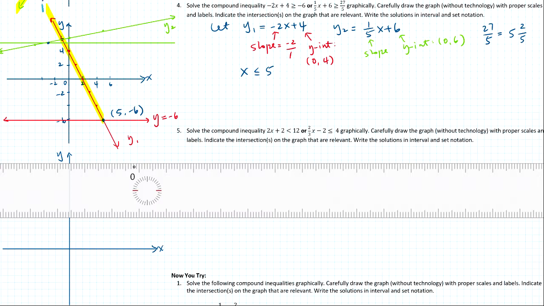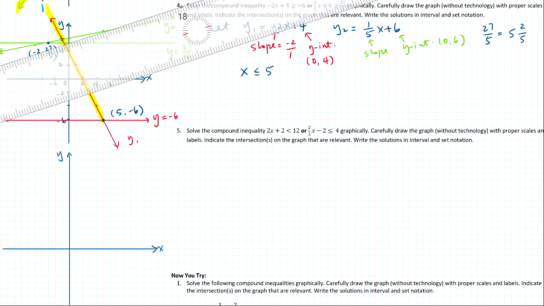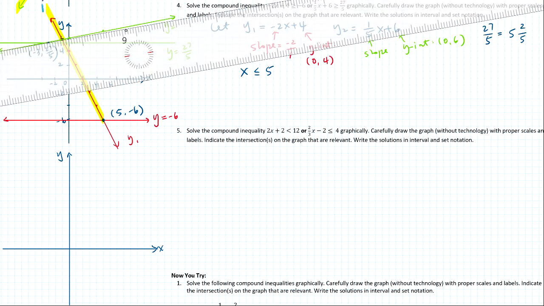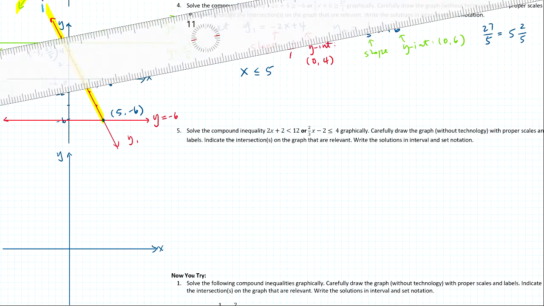And with this intersection, we get the x-coordinate is equal to -3, and the y-coordinate is 27 over 5 over here. So now if I want y2 to stay greater than or equal to 27 over 5, I'm looking at this part of the restriction that's just above that.